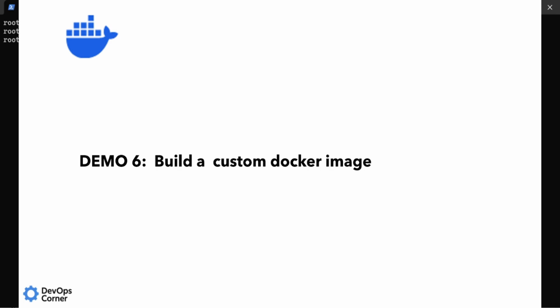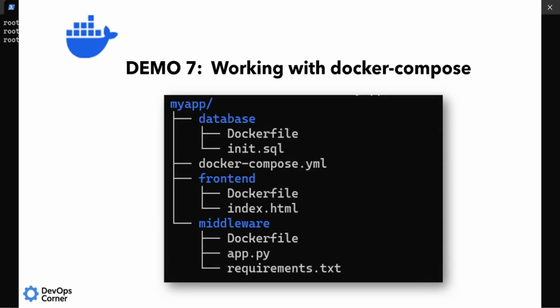So let's now switch to demo number 7, which is the latest. This will be the last demo in this series of Docker videos. I hope you will enjoy this.